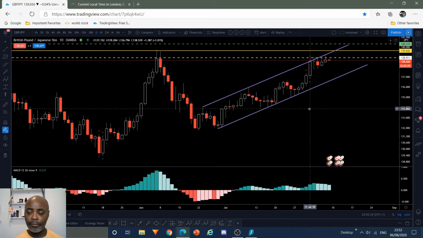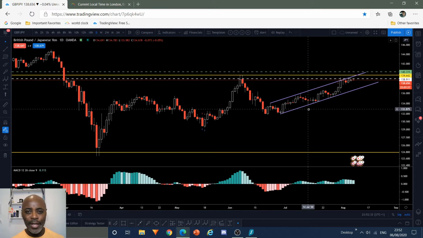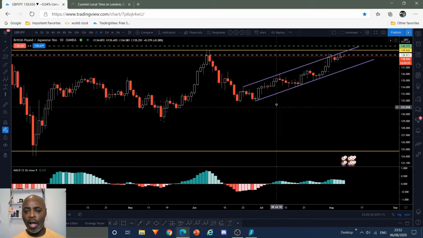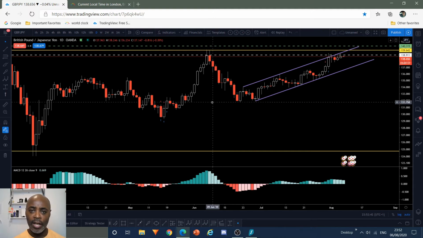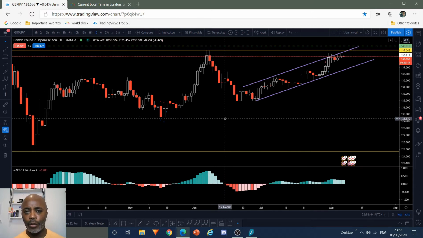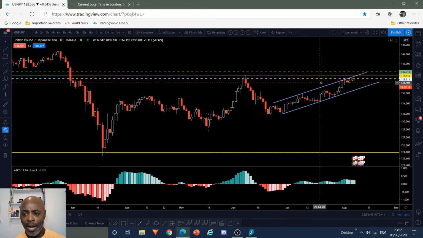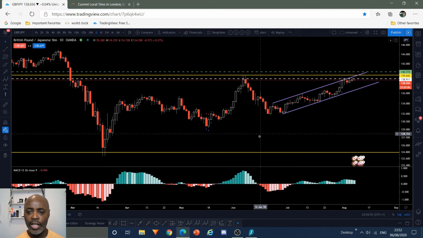However, we've got some things to consider before this pair goes down. I said earlier I wanted to reference the wicks on the top of these bars. Why do I want to reference these wicks? Because around this 618 retracement area, price gets manipulated.